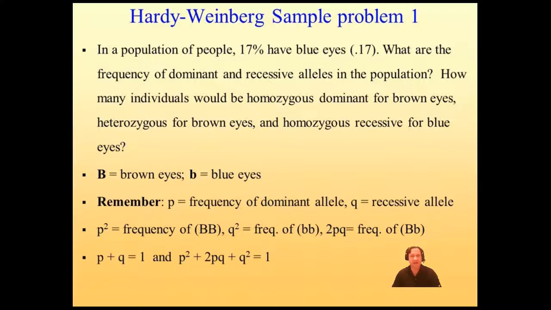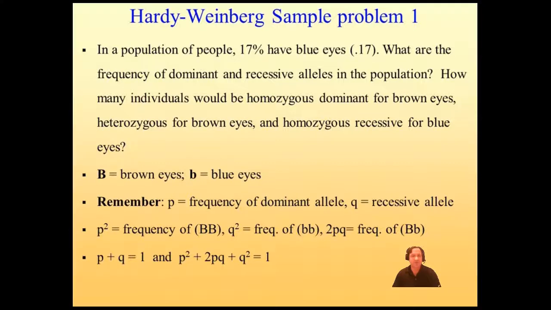Now you can see there, brown eyes is signified with the big B allele because it's dominant, and blue eyes is signified by the little b allele because it is recessive. So we're going to try to figure out all of the variables. P squared would equal the frequency of being homozygous dominant or big B for brown eyes.